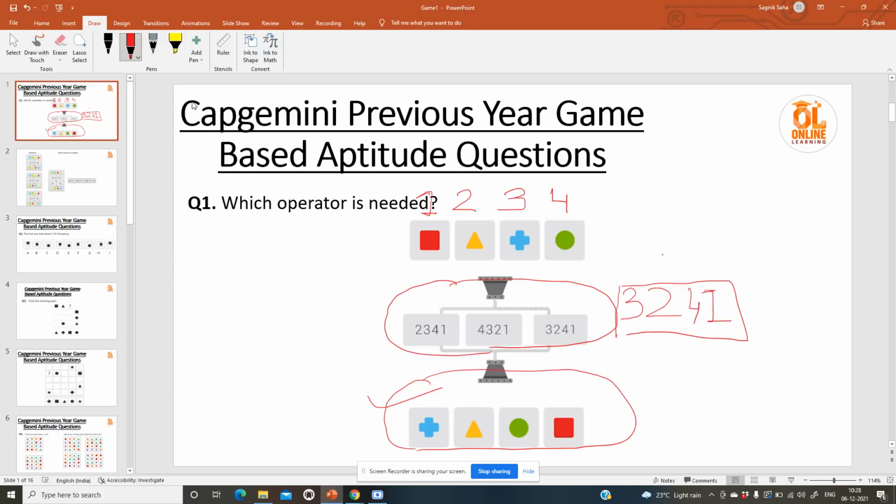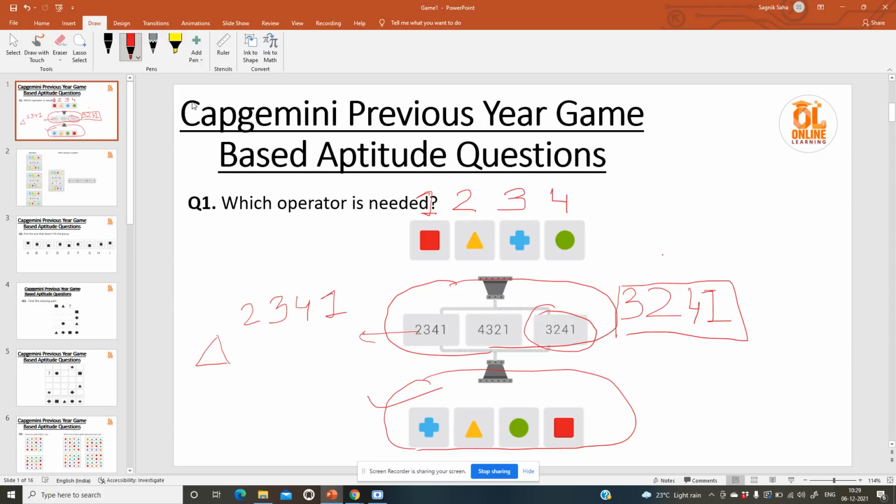Now they can also give you a particular operator and you have to arrange them in shapes. For example, if they have given you the operator as 2341 and they have given you four options, in the different options you have to choose in which order the shapes will be arranged. So 2, which shape has the number 2? The triangle has the number 2, so first there will be a triangle.